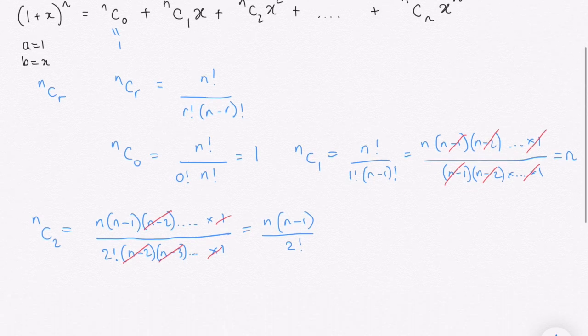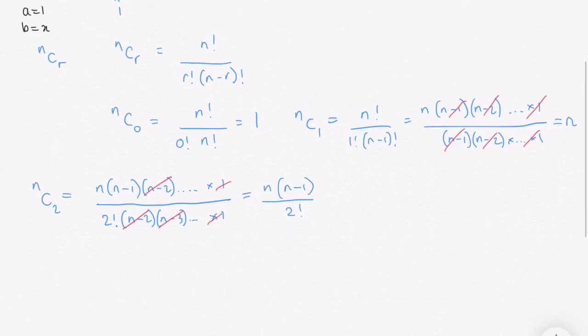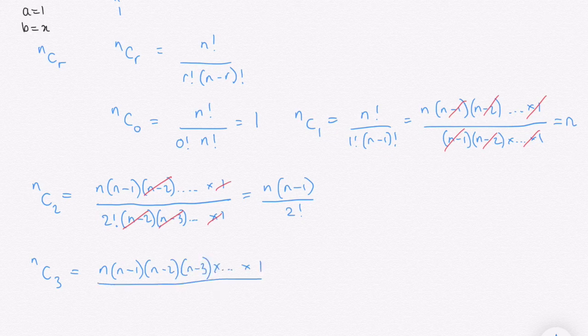Now let's consider n choose 3. Well, n choose 3 is equal to n, n minus 1, n minus 2, n minus 3, etc., divided by 3 factorial, times (n minus 3) factorial, which is n minus 3, n minus 4, and so on.